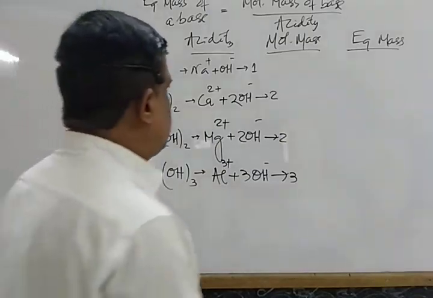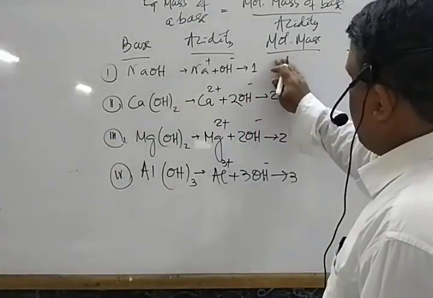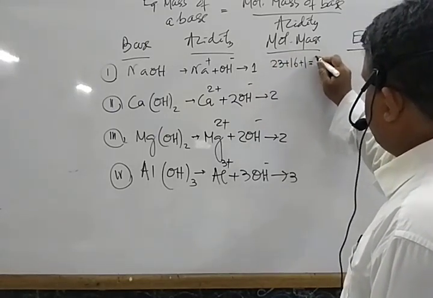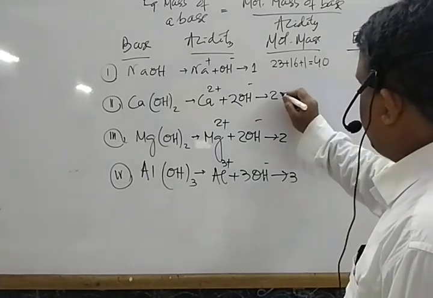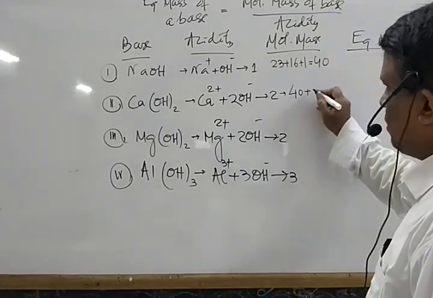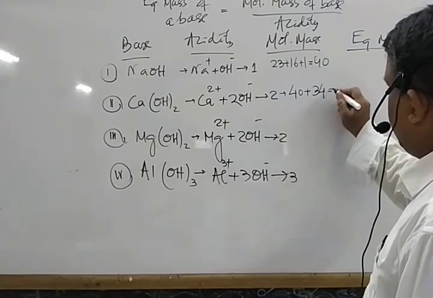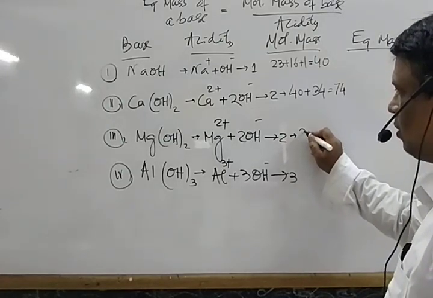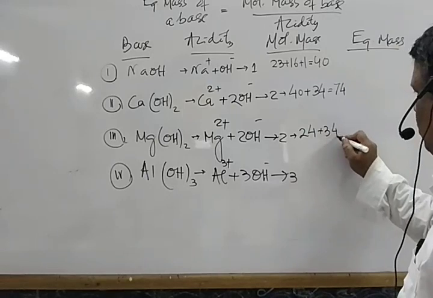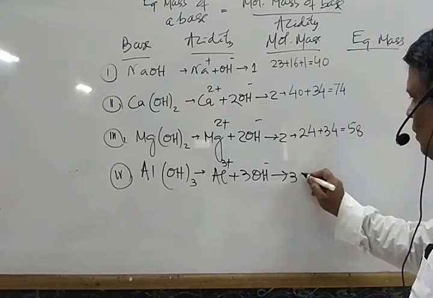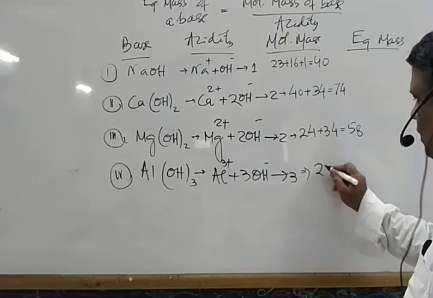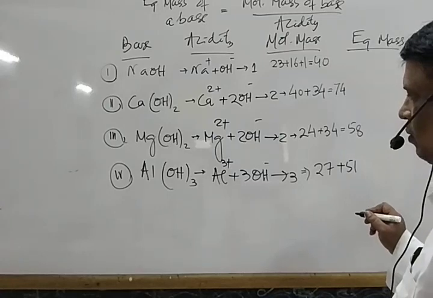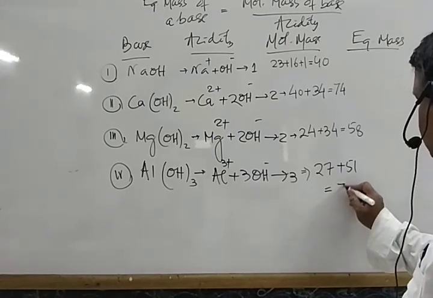Then we calculate its molecular mass. Molecular mass of sodium hydroxide: 23 plus 16 plus 1, that means 40. Calcium hydroxide is 40 plus 34, that is 74. Magnesium hydroxide is 24 plus 34, that is 58. Aluminum hydroxide is 27 plus 51, which is equal to 78.